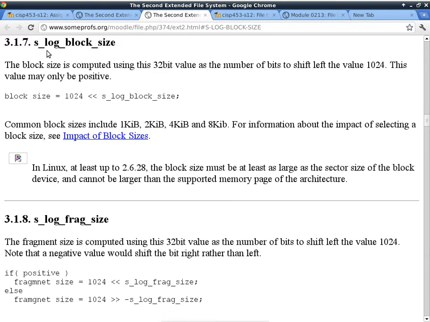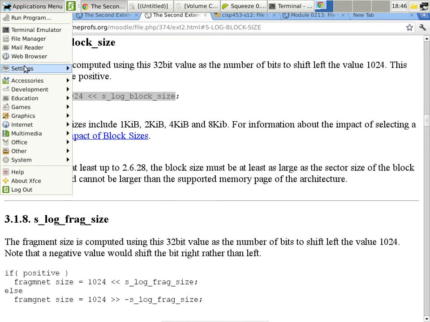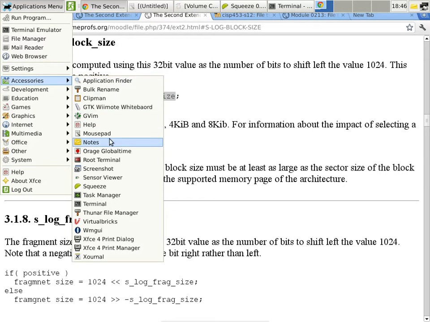So that means whatever number is in s_log_block_size, you have to use it as the number of times you have to left shift 1024. What does that mean? How many people know at least what a shift operation in C is? Yes? Okay. Now what does that do?